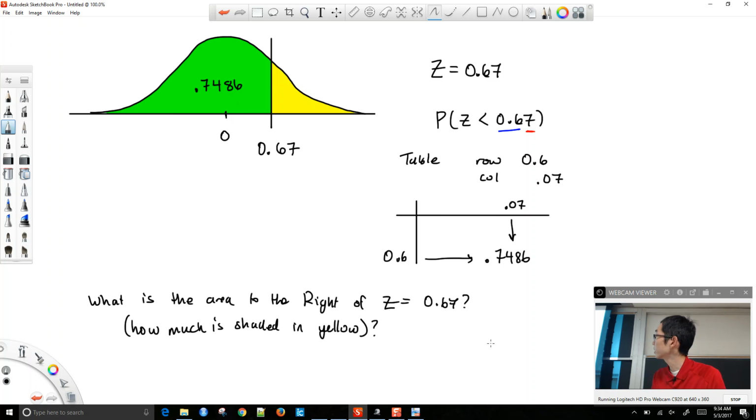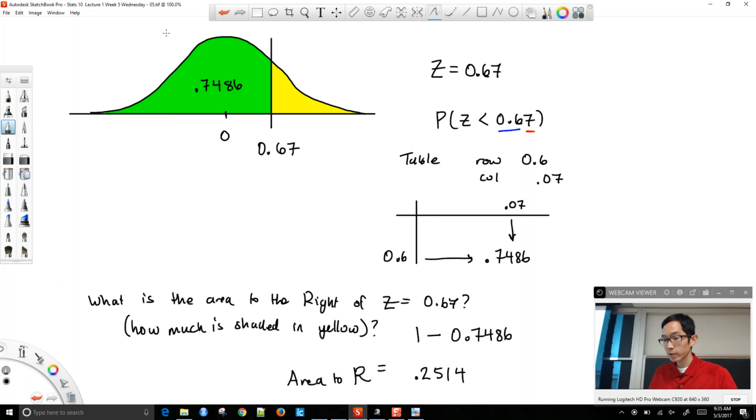How do I get this number? Subtract 0.7486 from 1, because the total area under any probability curve is equal to 1, so the area to the right has to be 1 minus 0.7486, and therefore I get 0.2514. So my area to the right is equal to 0.2514.